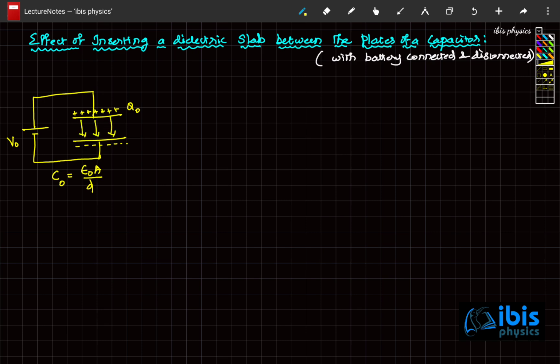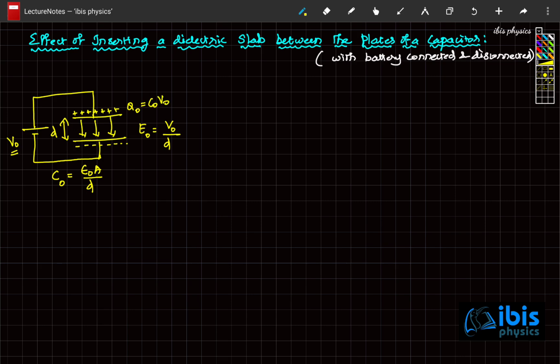Let us call it E0, because we know that electric field is the negative of the potential gradient, and here E is equal to V0 by D, assuming the distance between the plates is D. So when you connect a parallel plate capacitor to a potential V0, the charge built on the capacitor is Q0, the capacitance is epsilon naught A by D, and E0 is this. Because Q is equal to CV, here Q0 is equal to C0 into V0.